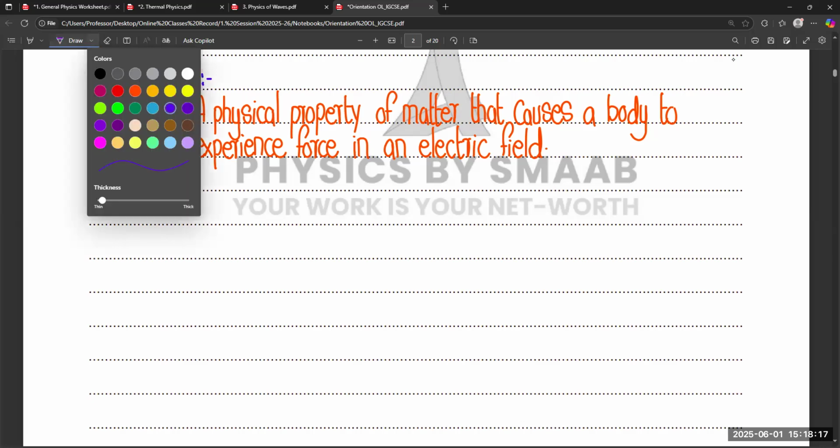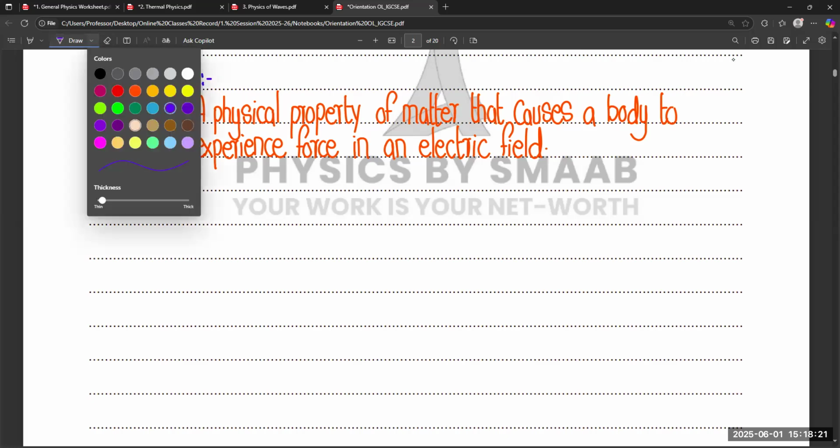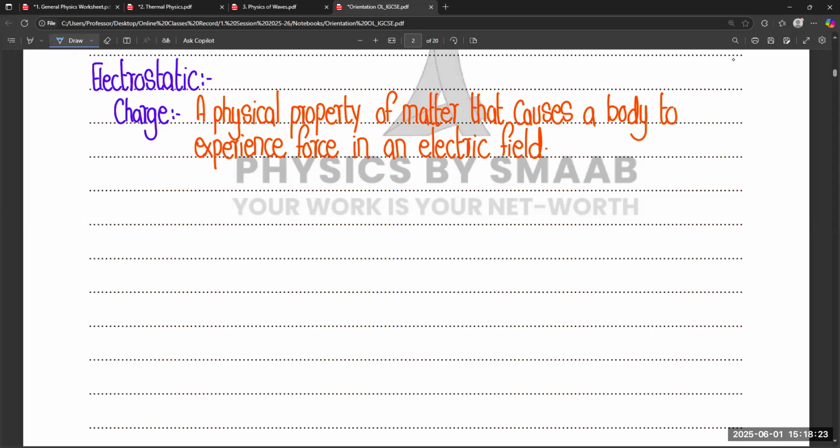And the other concept we already know is the positive and negative charge idea. Positive charge is called proton.